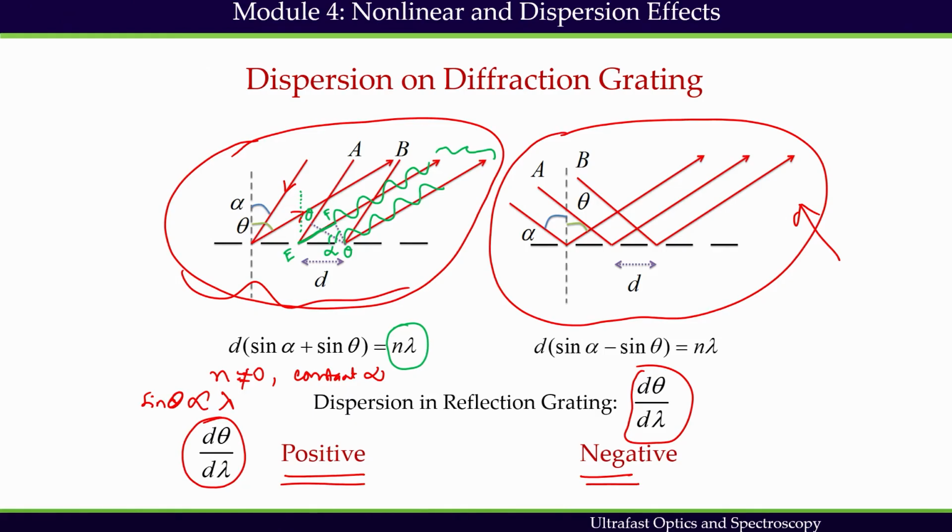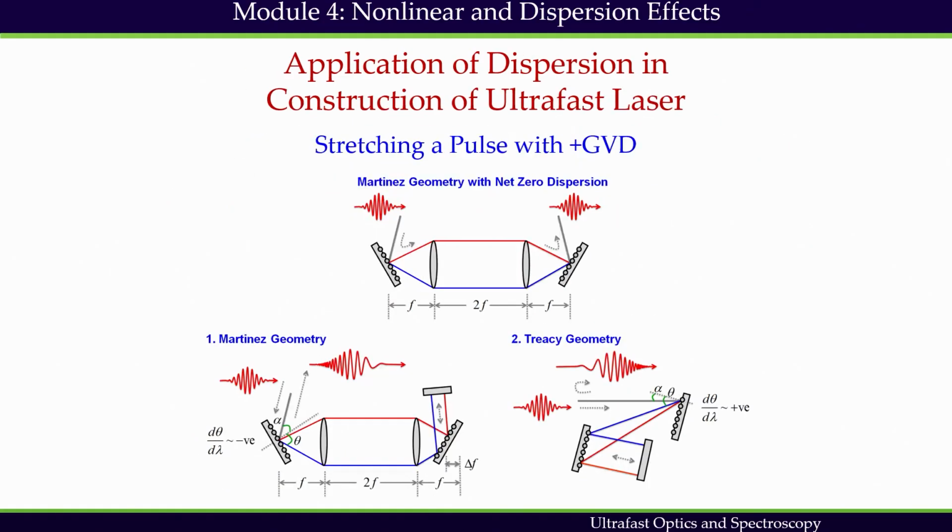So with this idea, one can stretch a pulse, and we'll discuss this stretching part when we discuss the construction of the ultrafast laser system, but we can quickly take a look at it. In the stretching part, one can think of having two gratings facing each other and two lenses, and gratings are placed at the focal point of these lenses.